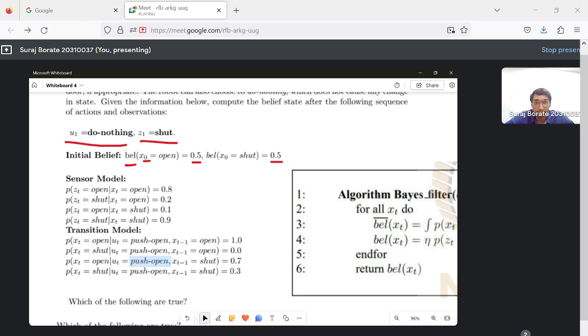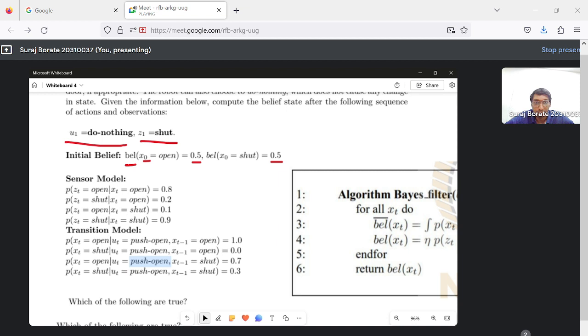For all possible states, we have to do the prediction: belief bar xt is equal to the integration of probability of xt given ut comma xt minus 1, into belief of xt minus 1, dx, right?